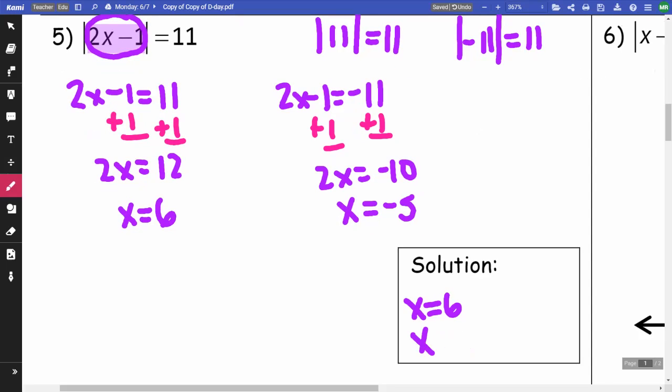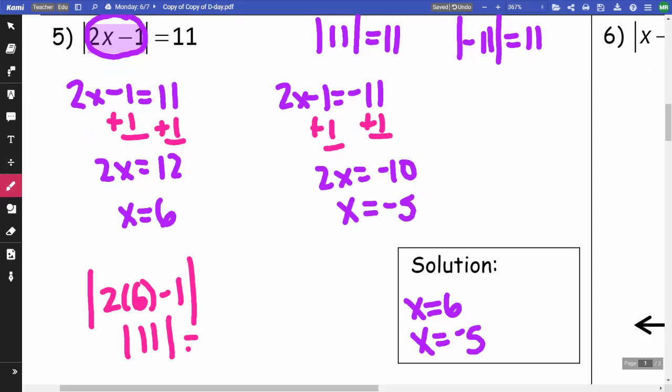So I have both of these answers, because if I was to go back into this problem and go 2 times 6 minus 1, that's 12 minus 1, which is 11, and the absolute value of 11 is 11. If I had put in a negative 5 in here, 2 times negative 5 is a negative 10.